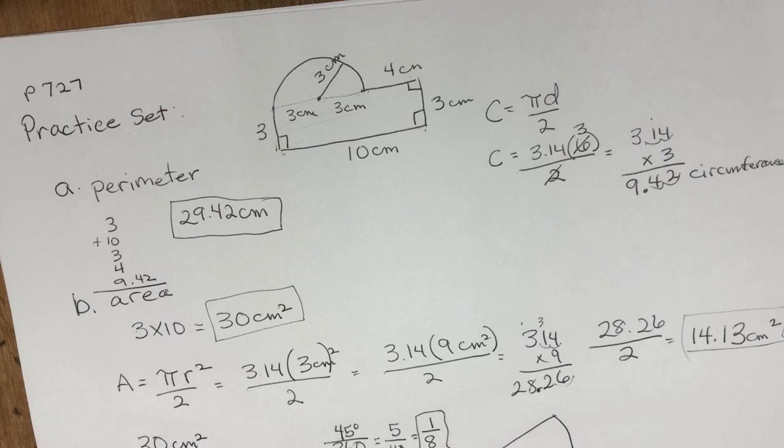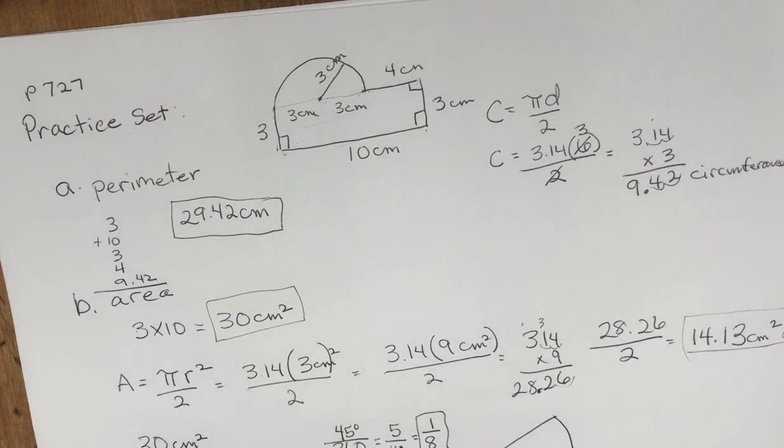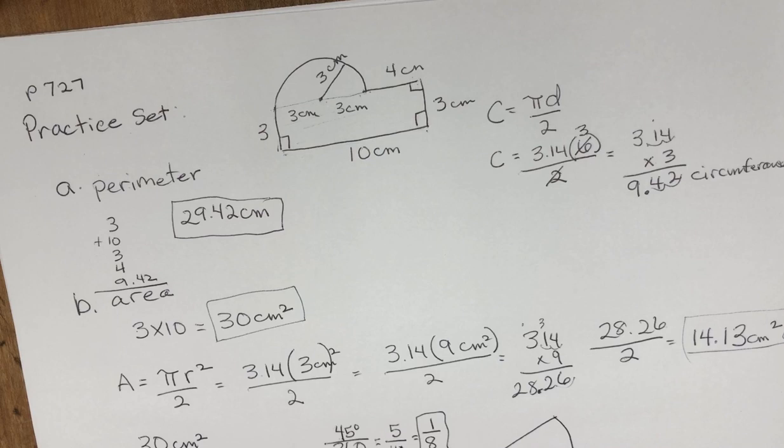They are asking us to find the area. Let's find the area. All right. So area equals, go back to our formula, pi r squared, right?